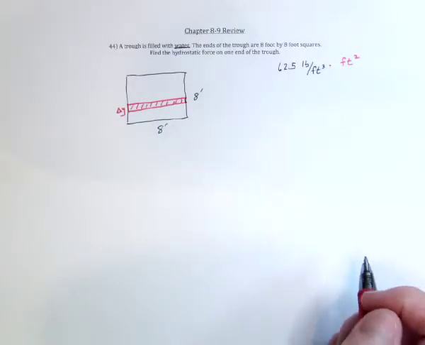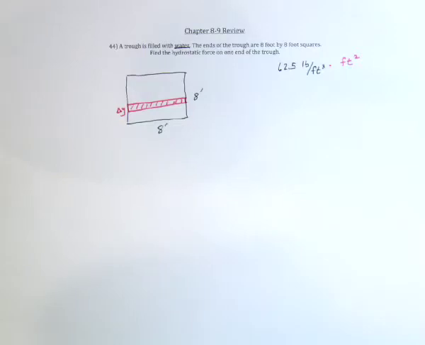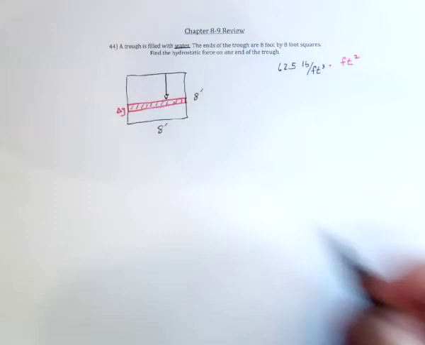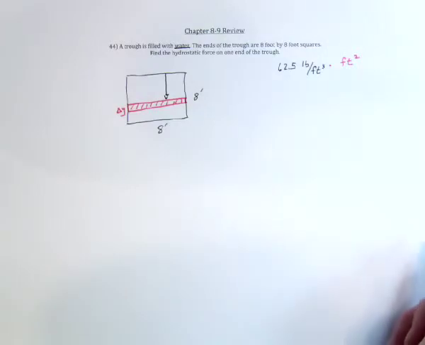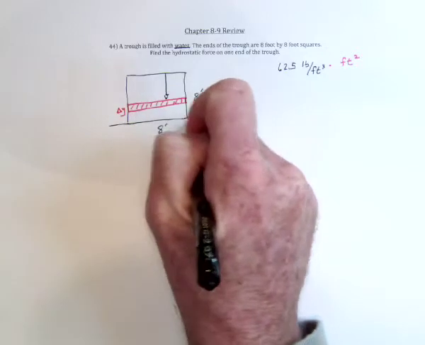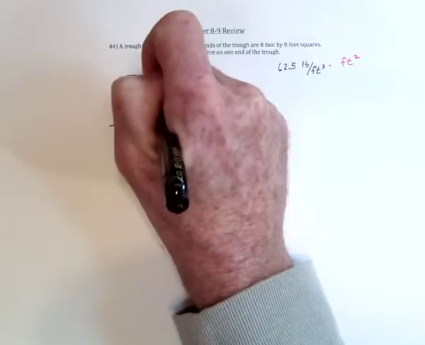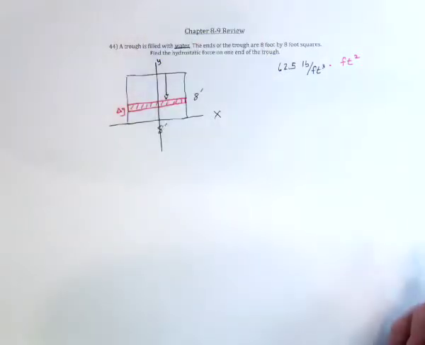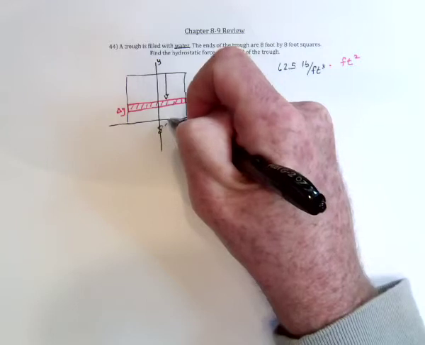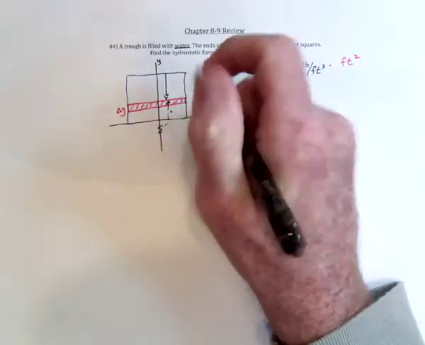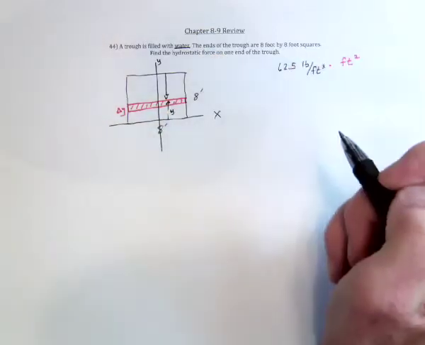The other thing you need to consider is how far underwater this rectangular strip is. So this is going to be the x-axis, and this is going to be the y-axis. If you go from the x-axis up, that is a length of y.